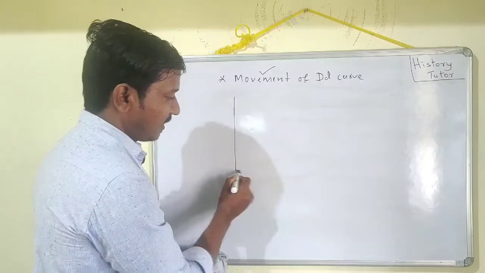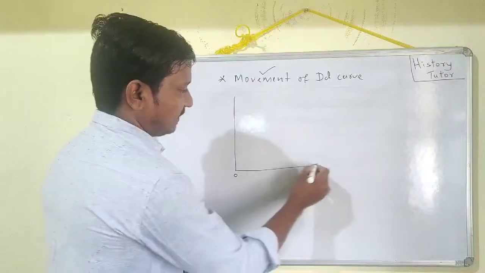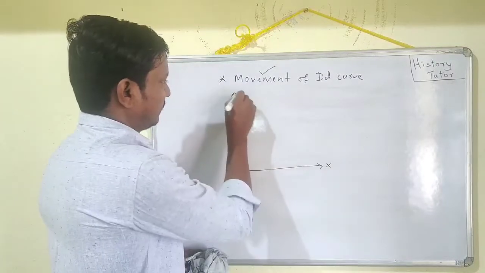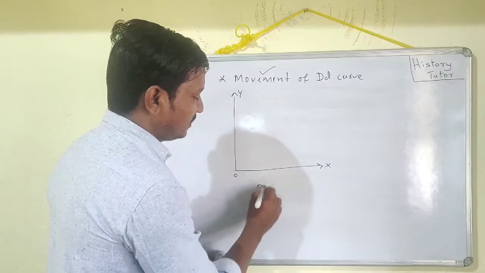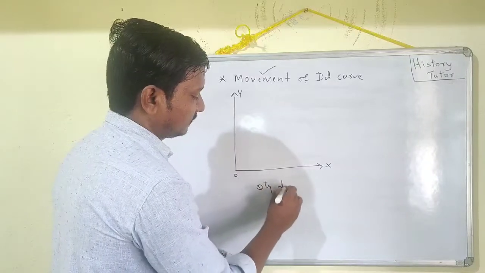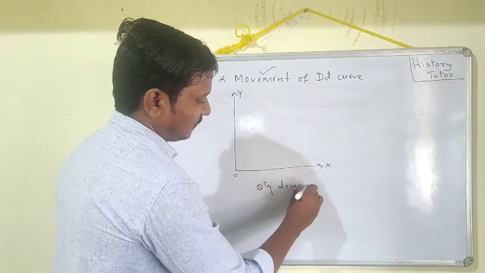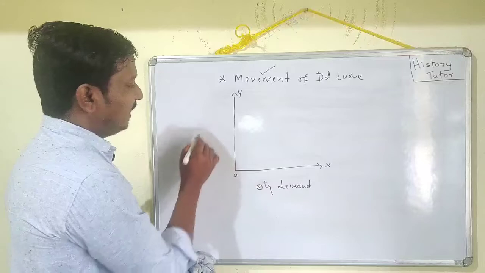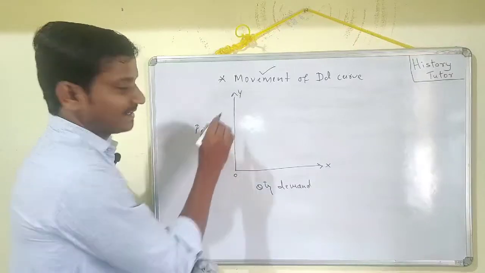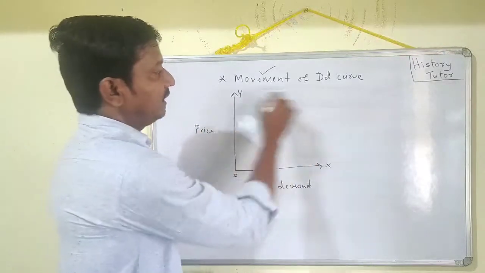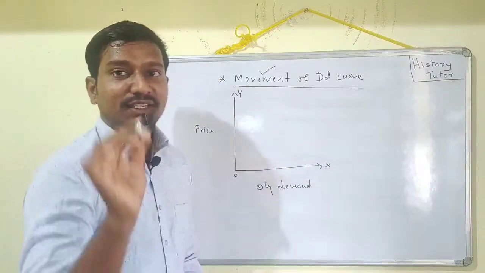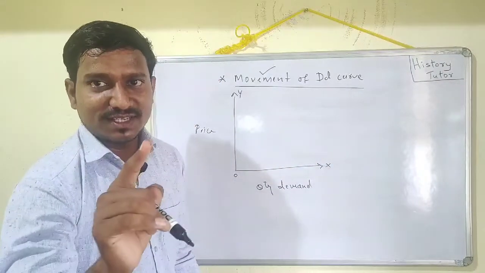OY axis, OX axis. On the OX axis I am going to take quantity demanded, and on the OY axis it is price. As I already told you, the movement of the demand curve is mainly influenced by the price itself.